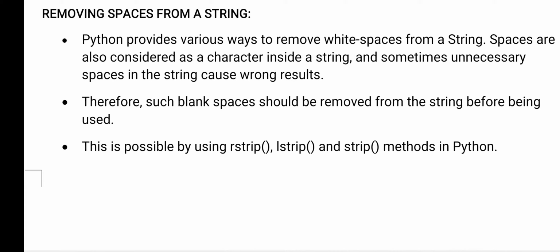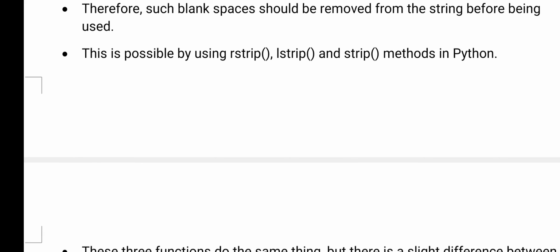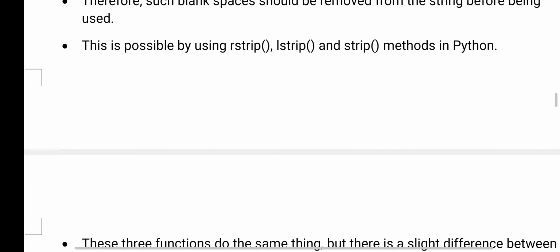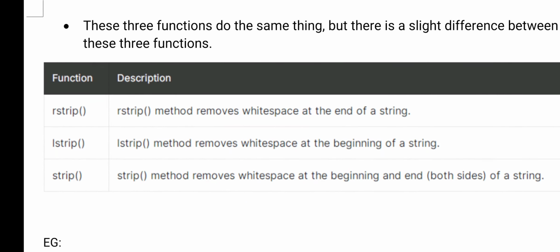In order to remove blank spaces from a string, what functions do we have? The first one is rstrip, the second one is lstrip, and the third one is the strip method. Now we'll discuss each and every method here.